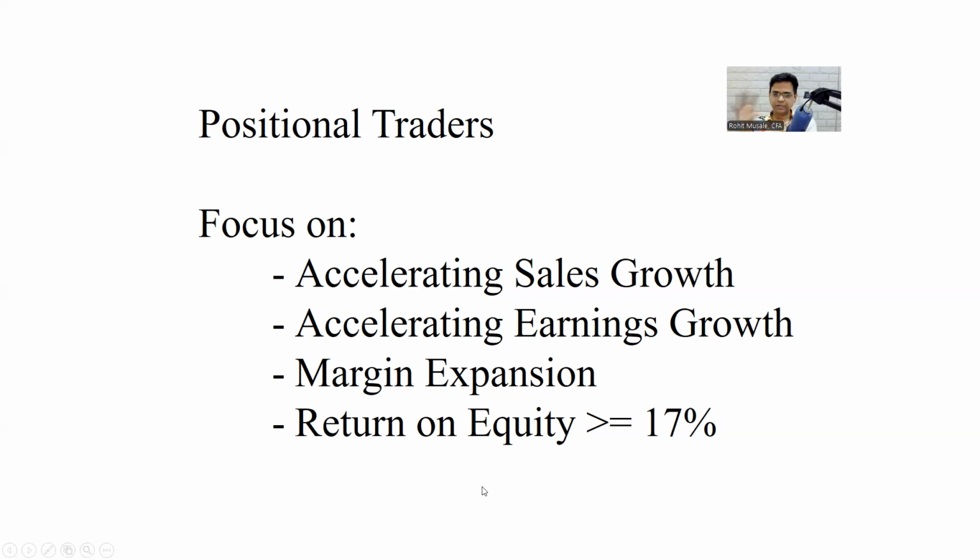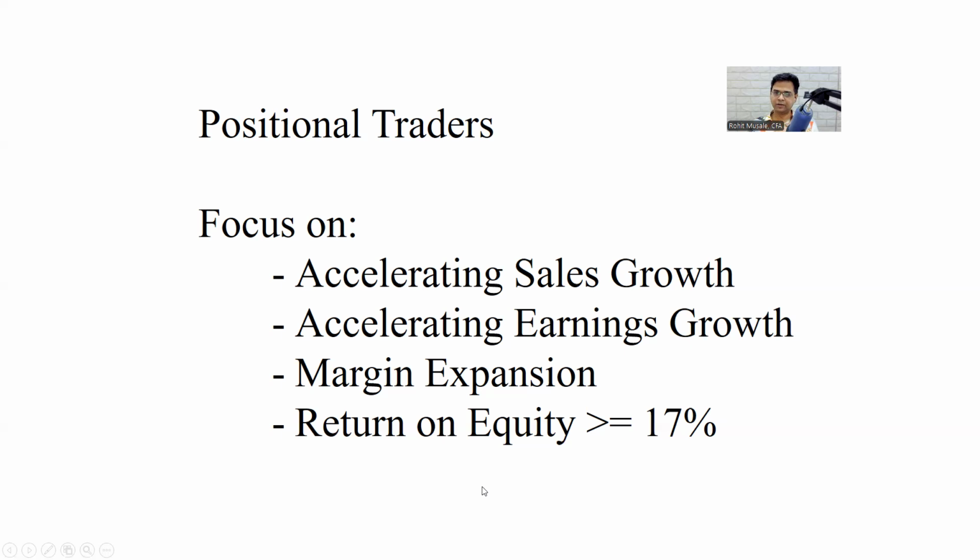And as far as annual is concerned, it's okay. Even if the numbers are growing percentage wise, even if it is not growing as much, it is okay. But at least the numbers should grow. The top line should grow. So 3 consecutive quarters of accelerating sales growth, 3 years of sales growth. Same applies to earnings.